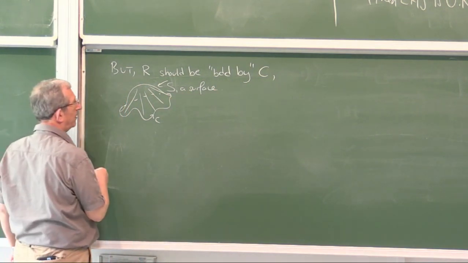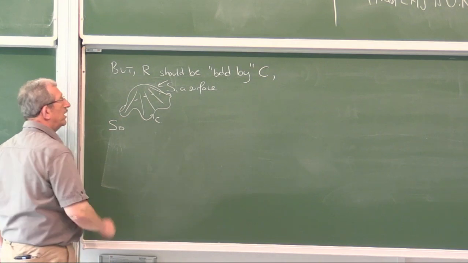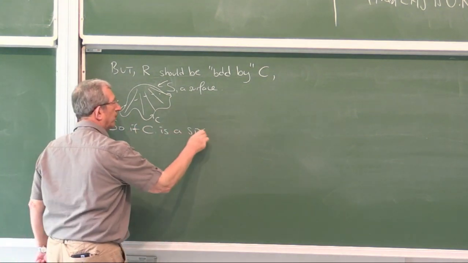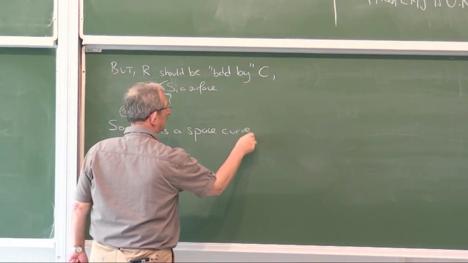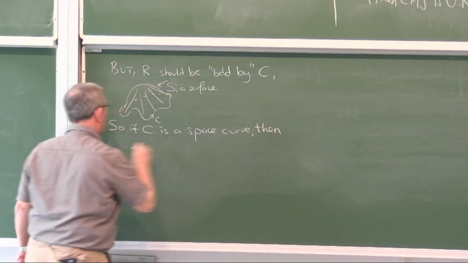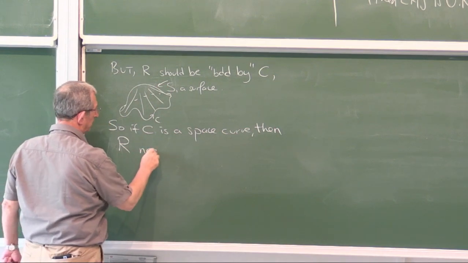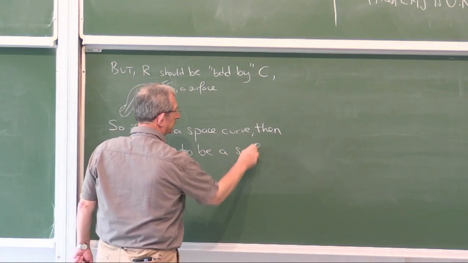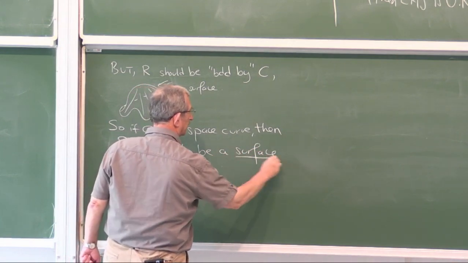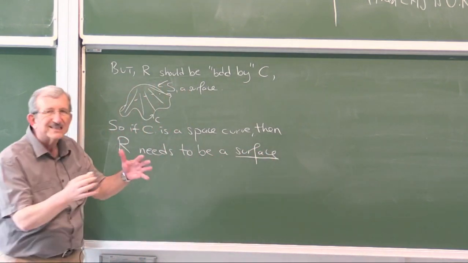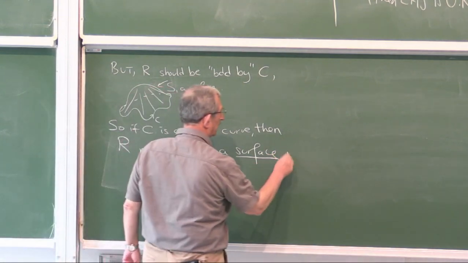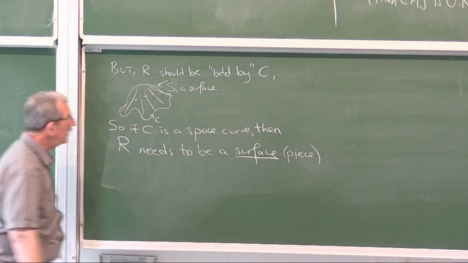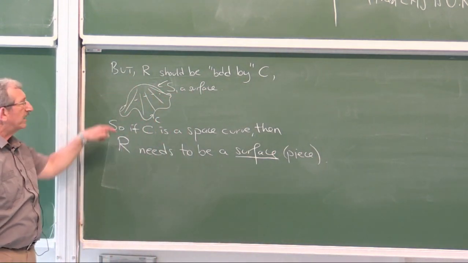So, if C is a space curve, then R needs to be a surface in space, a surface piece, actually, bounded by C, a closed curve.